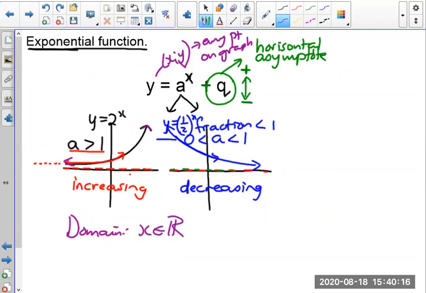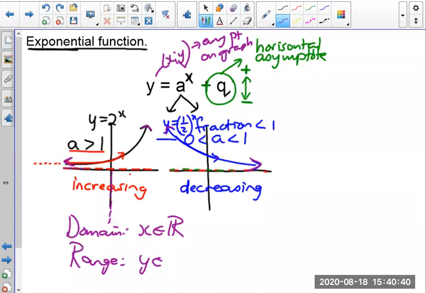The range means y values. And you come with your bicycle from the bottom. Where's the first place that you can find the graph? It's just above the horizontal asymptote.